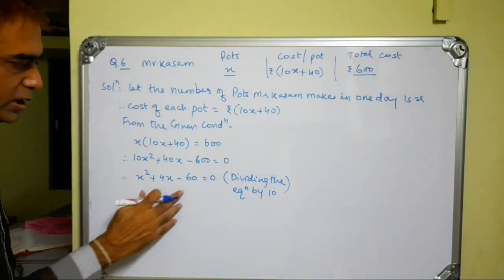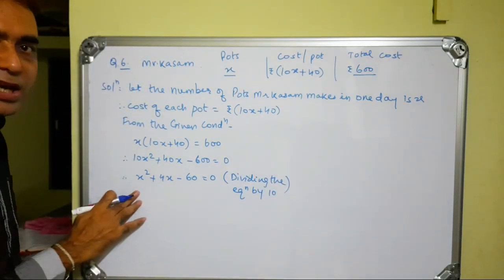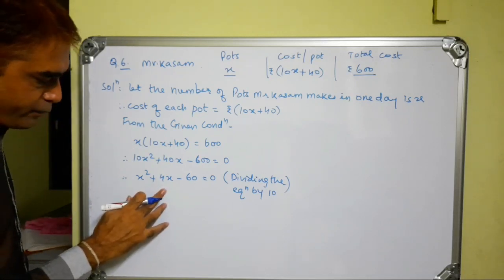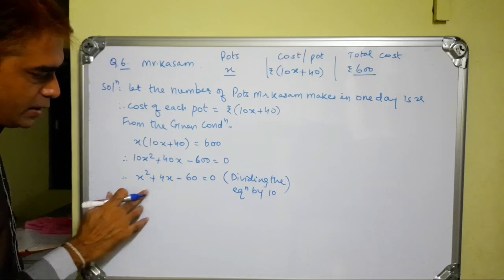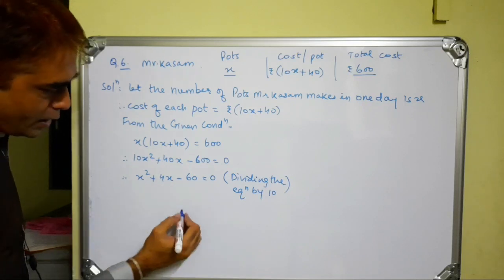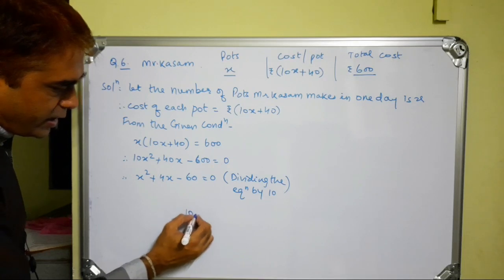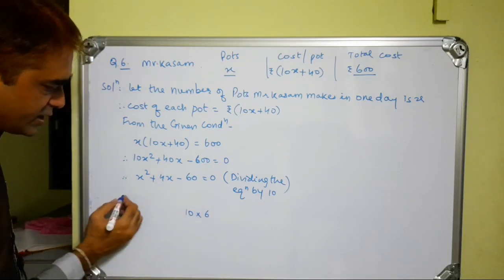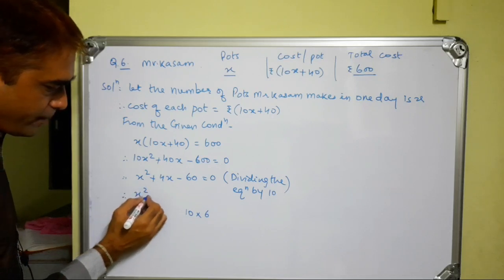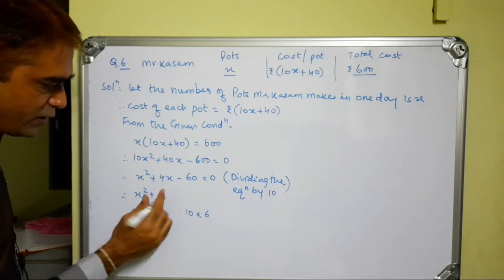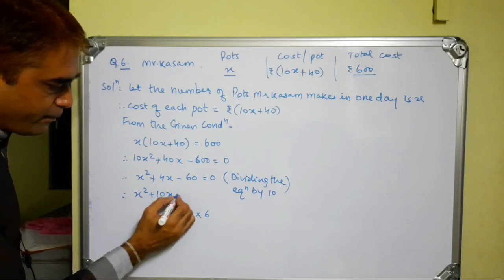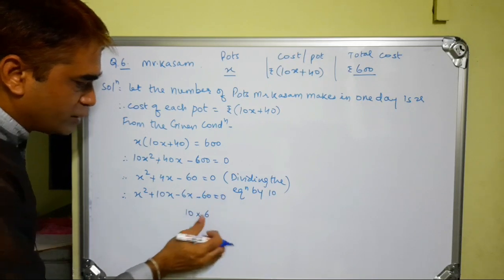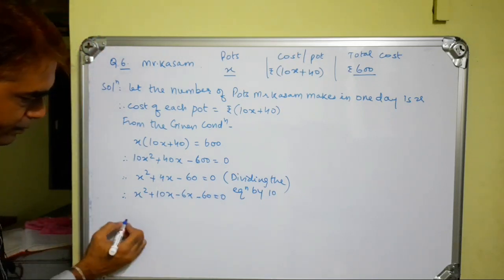So now we need two terms whose product is minus 60x square and the difference is 4. What are the two numbers whose product is minus 60 and the difference is 4? The numbers may be 10 and 6. The difference is 4 and the product is 60. So x square, the greater number being positive, plus 10x minus 6x minus 60 equals 0.